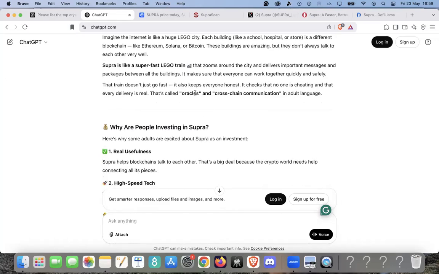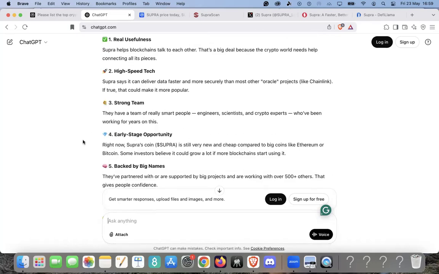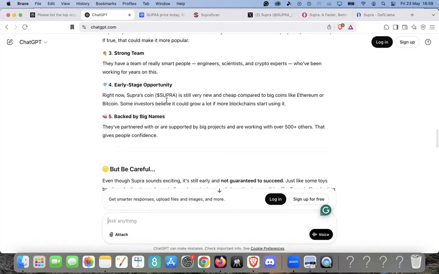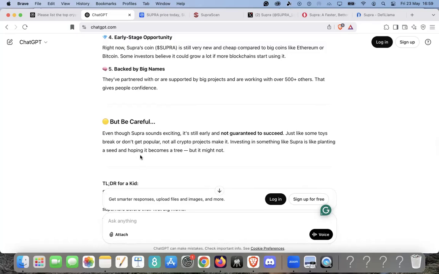So why are people investing in Supra? It's got real usefulness, it's got high-speed tech, a strong team, great early stage opportunity, and it's backed by big names. And in summary, it says, but be careful. Even though Supra sounds exciting, it's still early and not guaranteed to succeed. Just like some toys break or don't get popular, not all crypto projects make it.